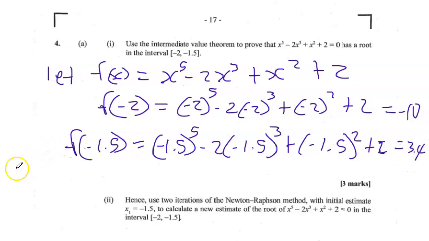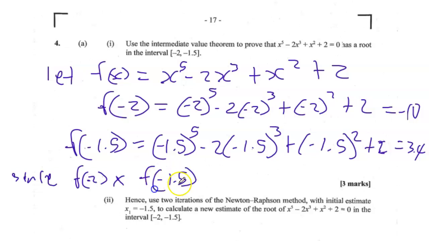So since f of -2 times f of -1.5, if you notice, one is -10 and one is positive 3.4.